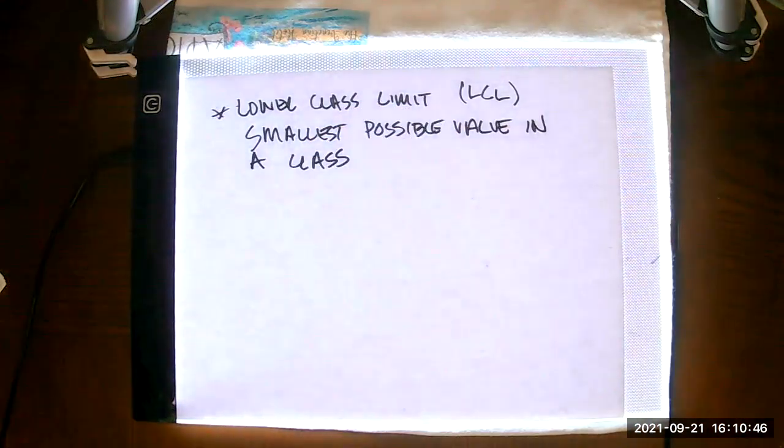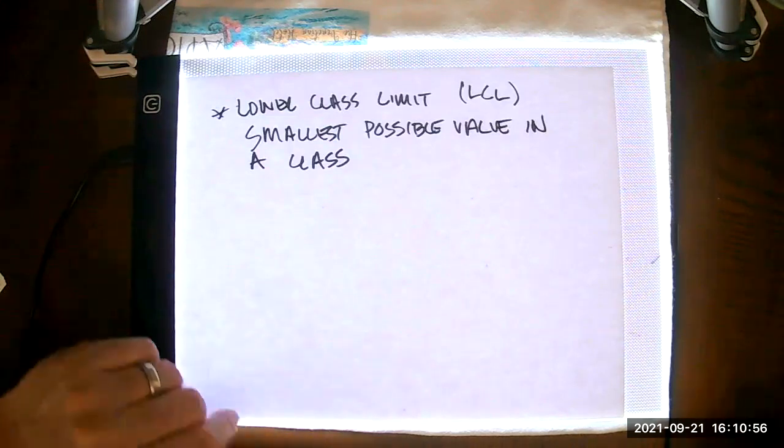There's no guarantee that one of those smallest possible values for that particular class is actually in there. It's just the cutoff. Nothing smaller than that. That's as small as they can get.